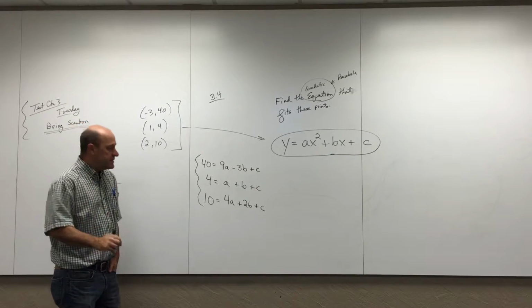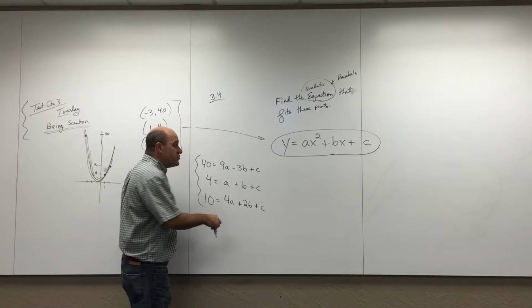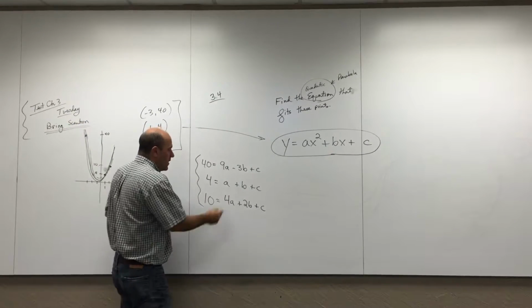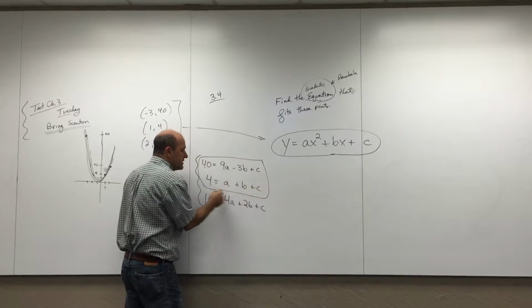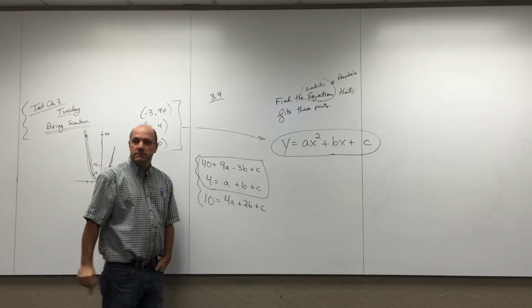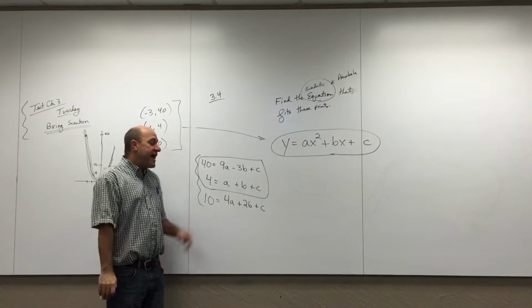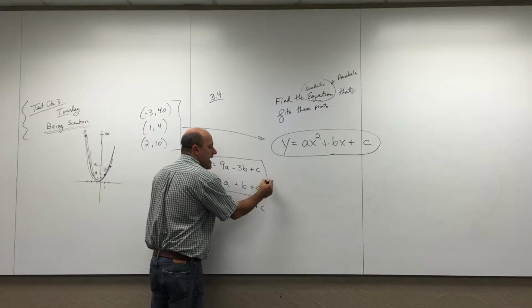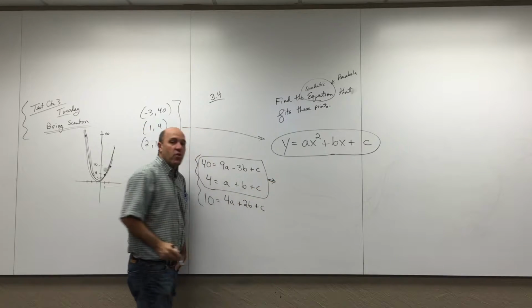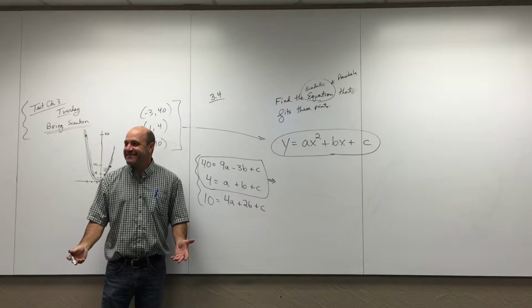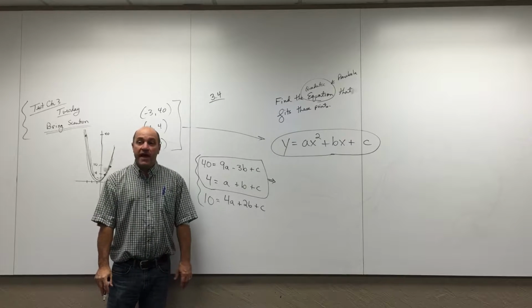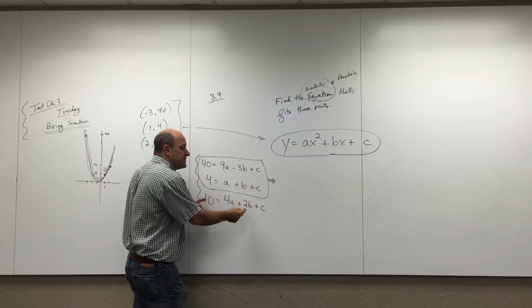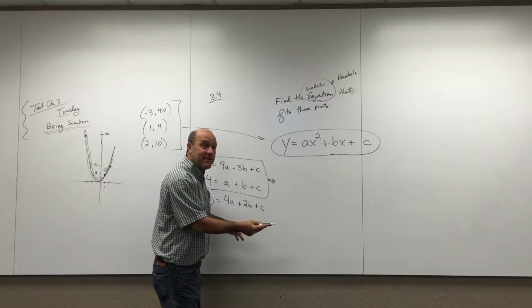The strategy is this. Use your elimination method and grab 2 of these equations and eliminate c. Then you'll have an equation with just a's and b's. Then grab the next 2 equations and eliminate c.